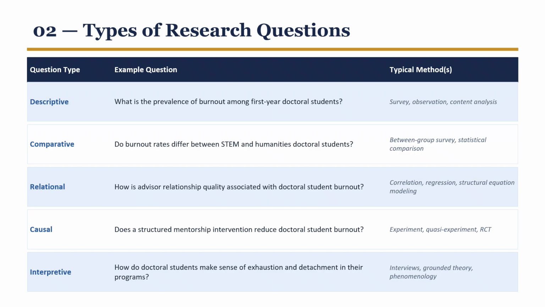The third type is relational. Here's my example. How is advisor relationship quality associated with doctoral student burnout? So you could do a regression study, you could do a correlational study, you could do structural equation modeling, a very complex study, but you would have to find a relationship between the doctoral student and their advisor and attribute it to burnout.